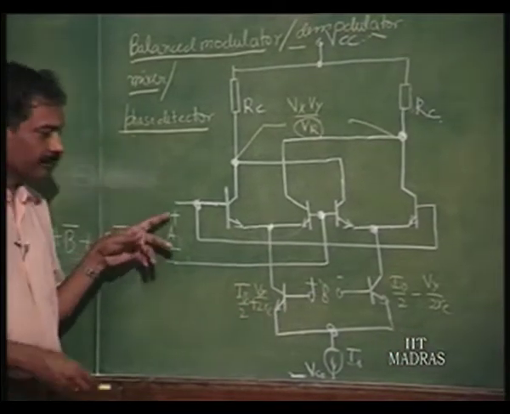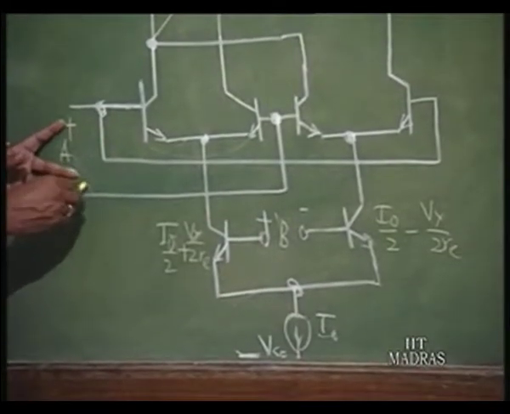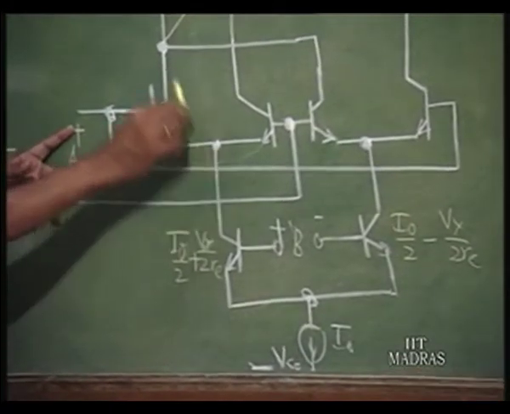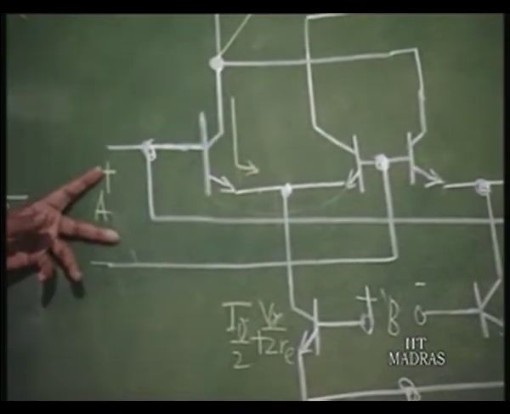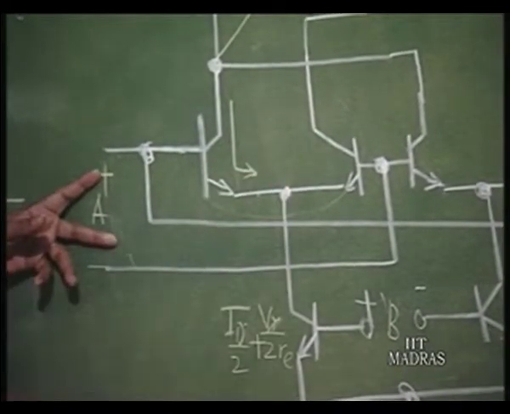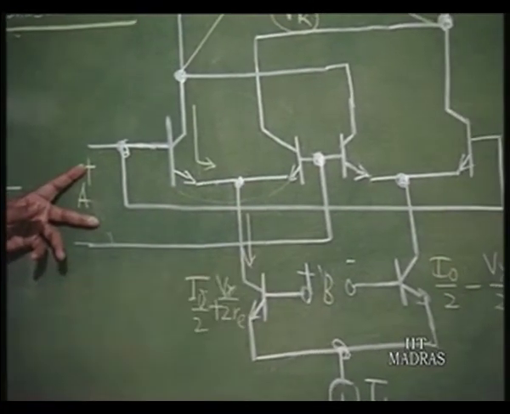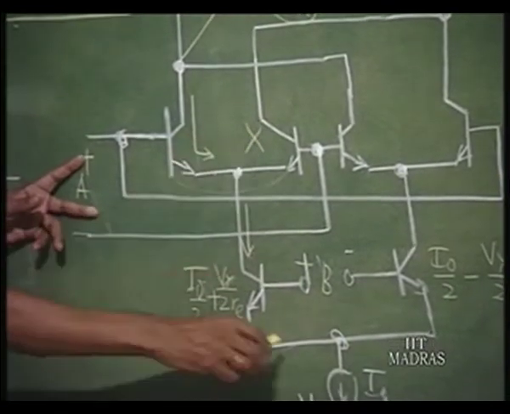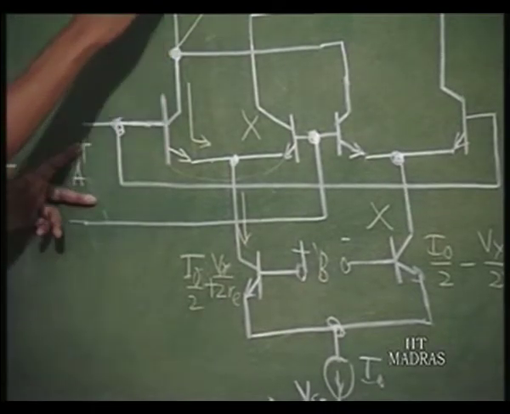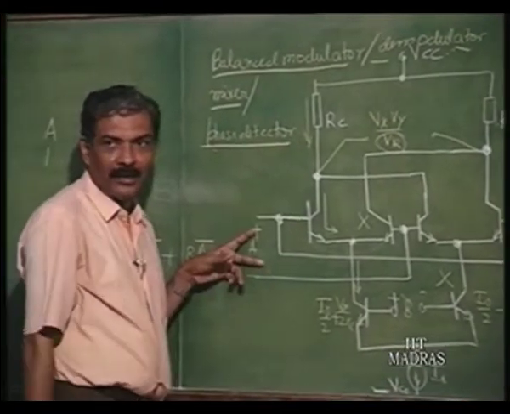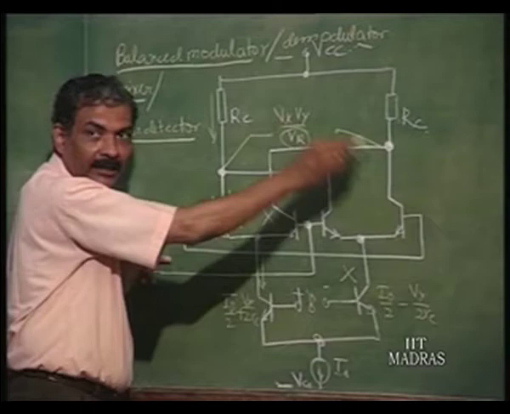Then what happens? You can see here, this is positive. So, this current is diverted to this transistor. So, this is the path current is going to take. And this is positive. So, this current I naught is going to be diverted here, and this is going to be off and this is going to be off, right. So, the entire current is going to flow through this I naught. Let us investigate what happens to this side. Since this is off, this entire thing is off.